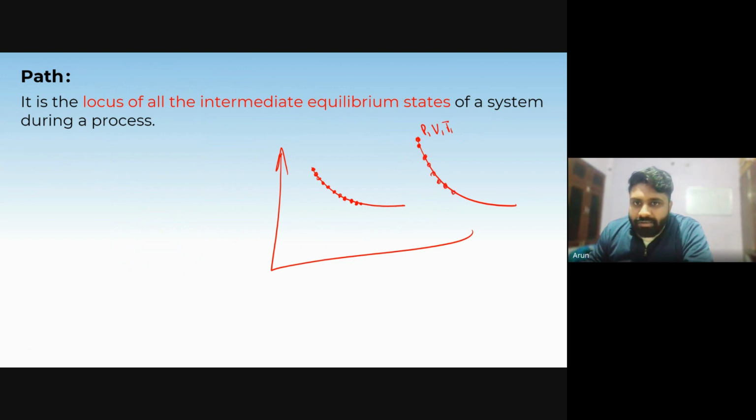So we have a very large number of points, and when we join these points, we will have a path. Okay, so the path is the locus of all the intermediate equilibrium states of a system during a process. Got it?